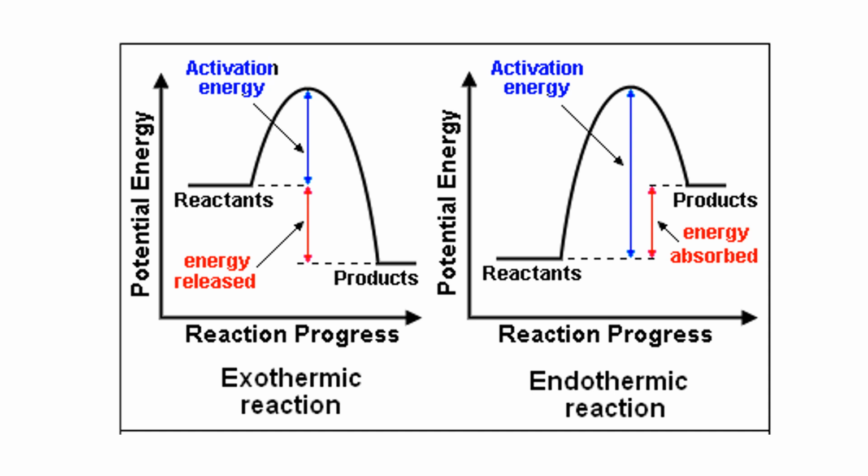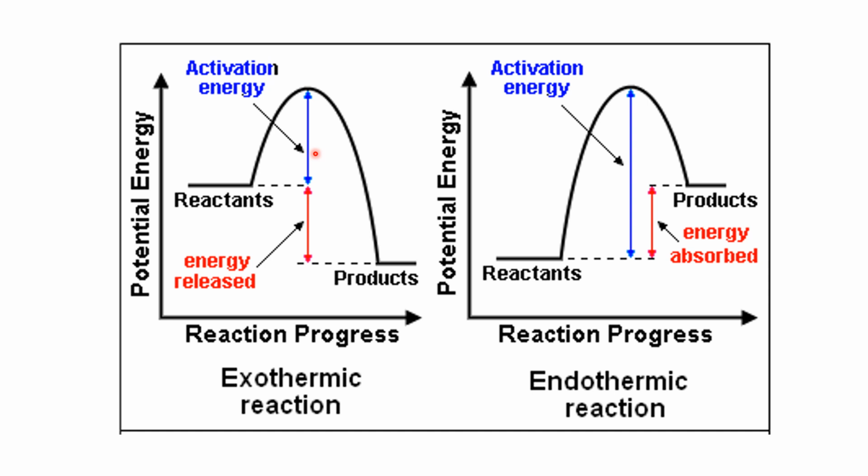So here we've got a better look at the energy of a reaction. You can still see on both sides, we've got reactants. We've got our energy going up the side. We've got our activation energy on both of these.